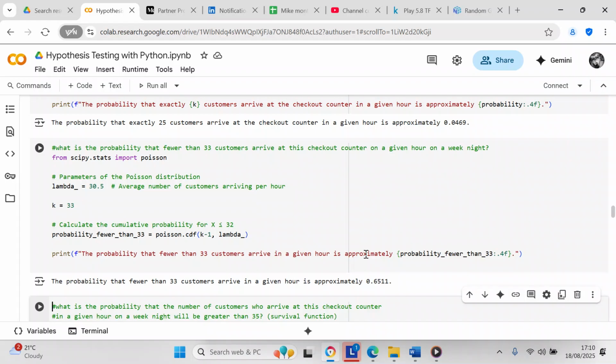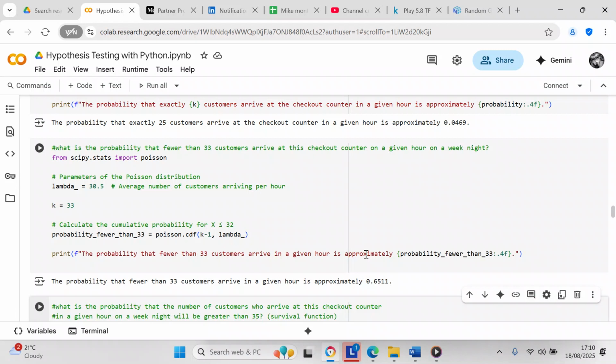And k equals 33. We want the probability that fewer than 33 customers arrive at this checkout counter in a given hour on a weeknight. So we're going to calculate the cumulative probability of X less than or equal to 32.